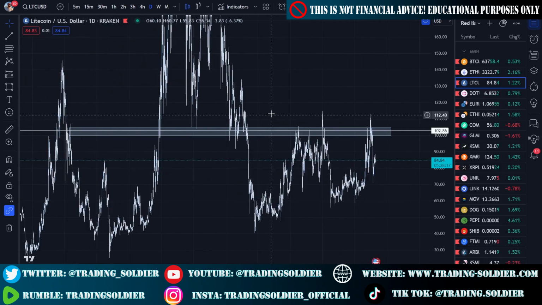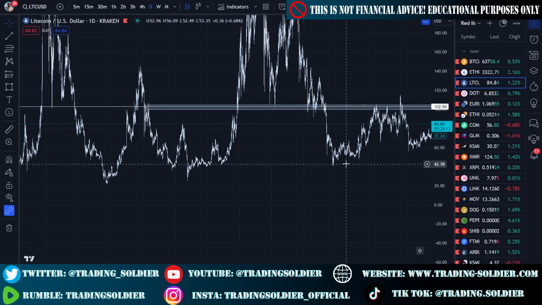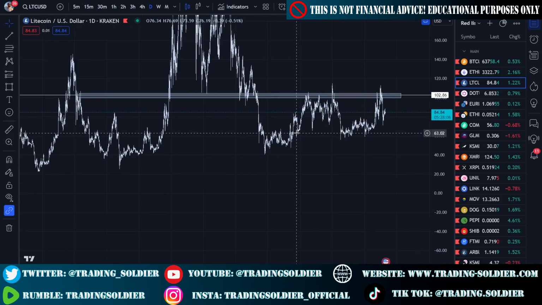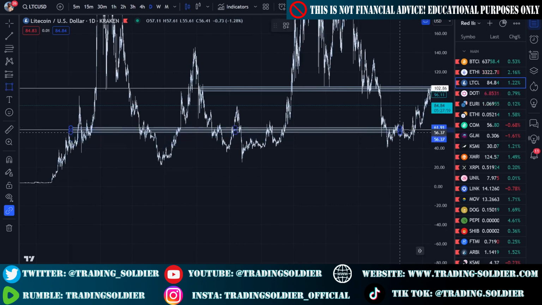Now how can we see another demand area? For example, here we can see a demand area. Here, this line, we are also going to use the rectangle. Why?